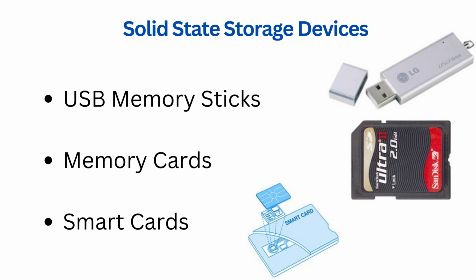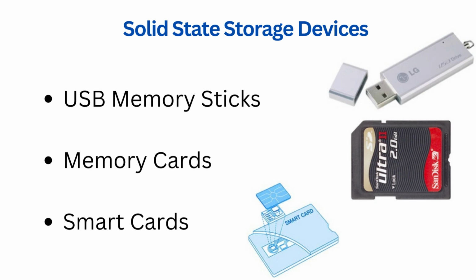The first type is USB memory sticks or thumb drives. They have made many other forms of portable storage almost obsolete. Why would you want to burn a CD or a DVD when you can more easily copy your files onto a memory stick, right? In the early days when we didn't have this, people used to copy the data using software onto their CDs or DVDs, and it was a hassle.